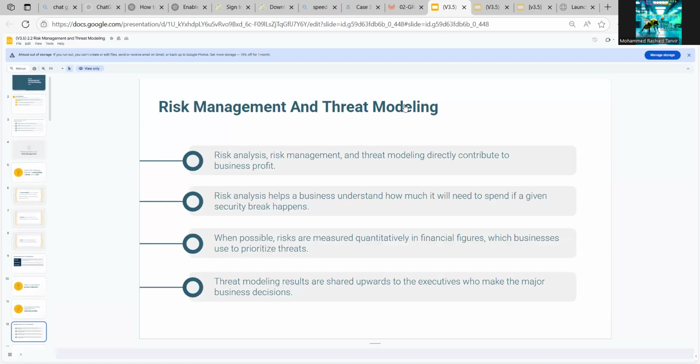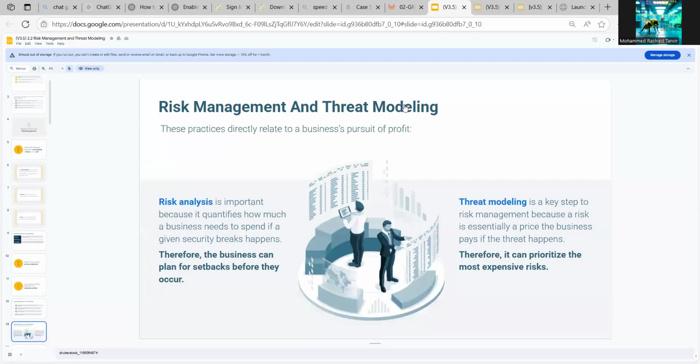This is very important: possible risks are measured quantitatively in financial figures, which businesses use to prioritize threats. Then threat modeling results are shared upward to the executives who make the major business decisions. Now we discuss risk management and threat modeling.